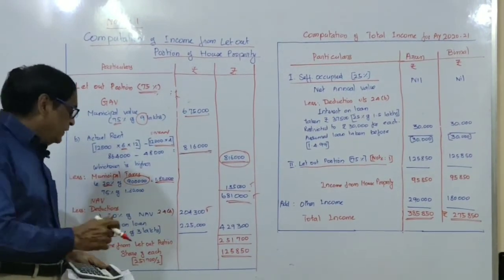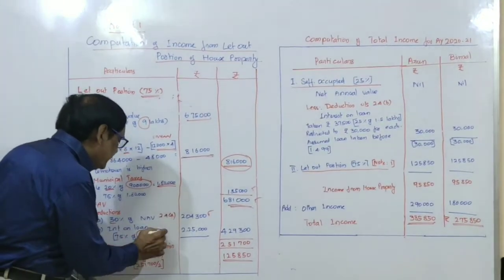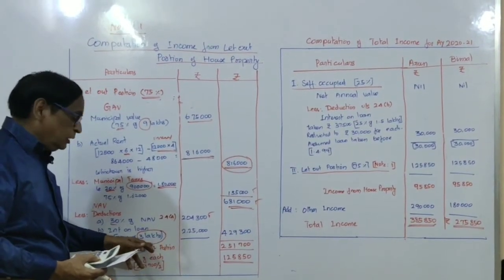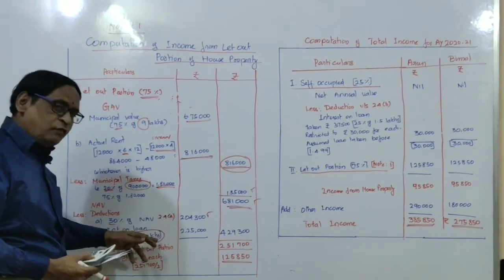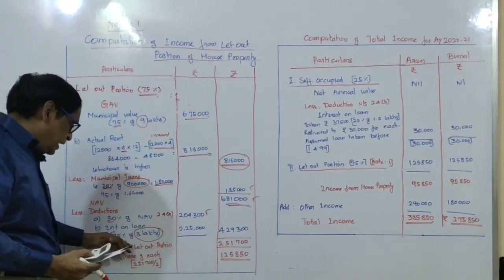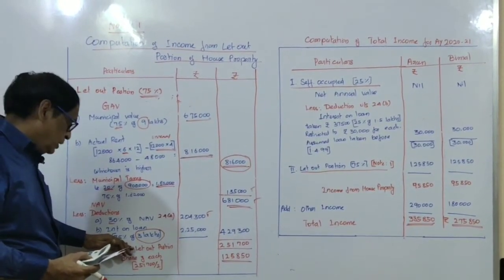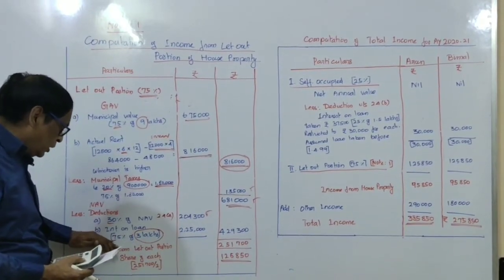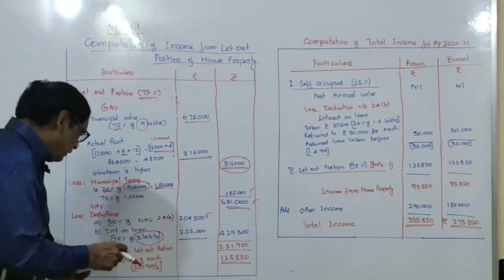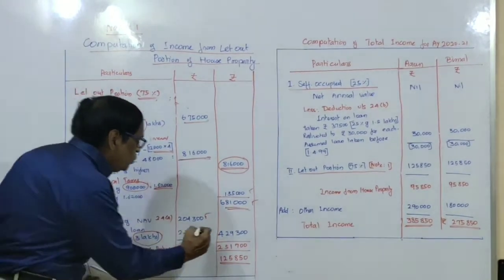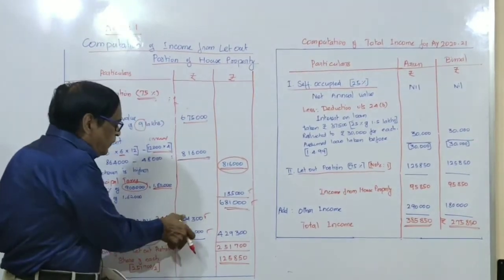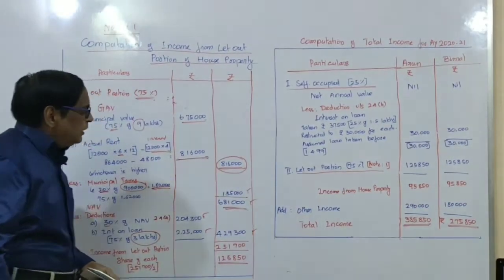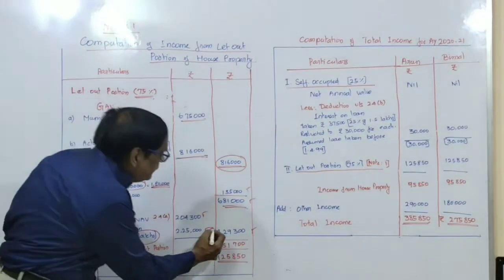In the question itself, the interest is given as 3 lakhs. 3 lakhs means total interest, so it is covering both the let out portion and the self-occupied portion. Here 75% is the let out portion. So the interest belonging to the let out portion is 75% of 3 lakhs, that is 2,25,000. If we add these two, it comes to around 4,29,600 rupees. We have to deduct this amount.